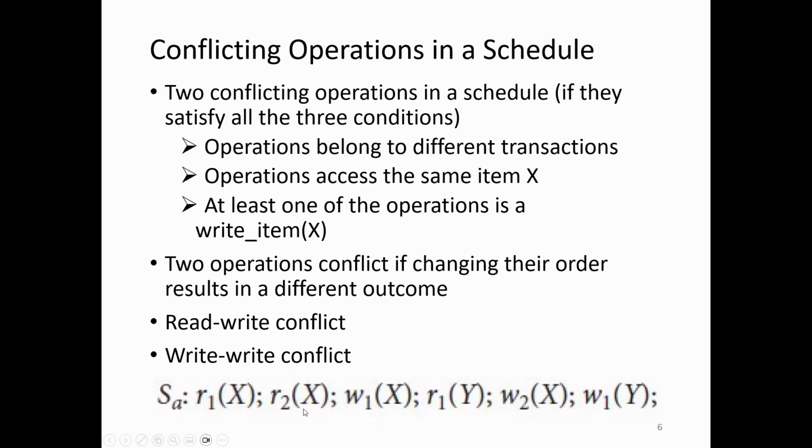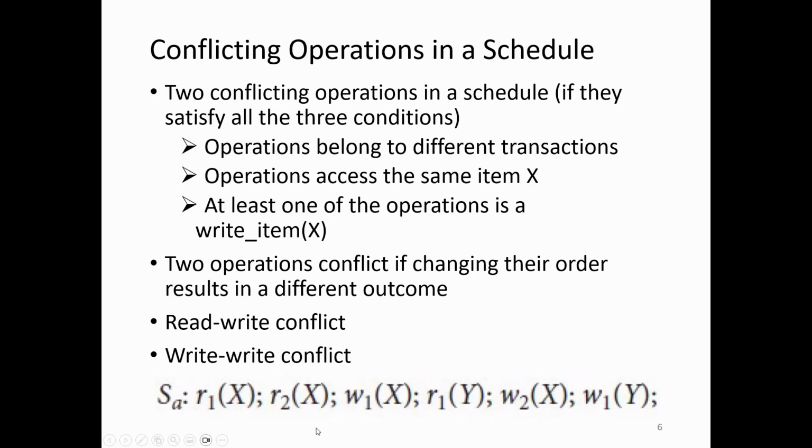Originally it is different, no? First it reads without modifications. After changing, transaction 2 will access the modified version of X. So the outcome will be different.